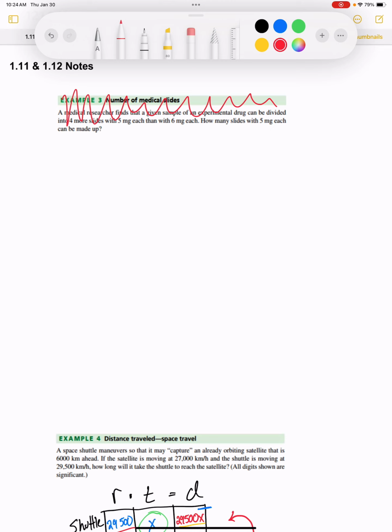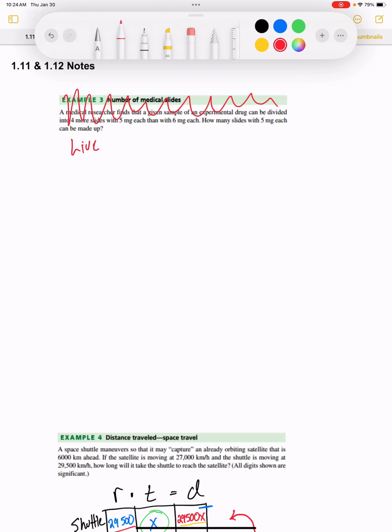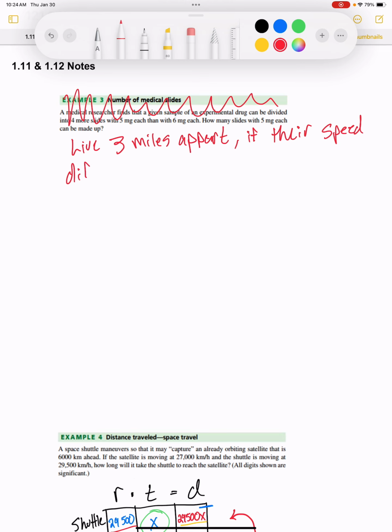Okay, let's think about this. Two friends, right? They live 3 miles apart. So their speed differs by 1/2 a mile per hour.